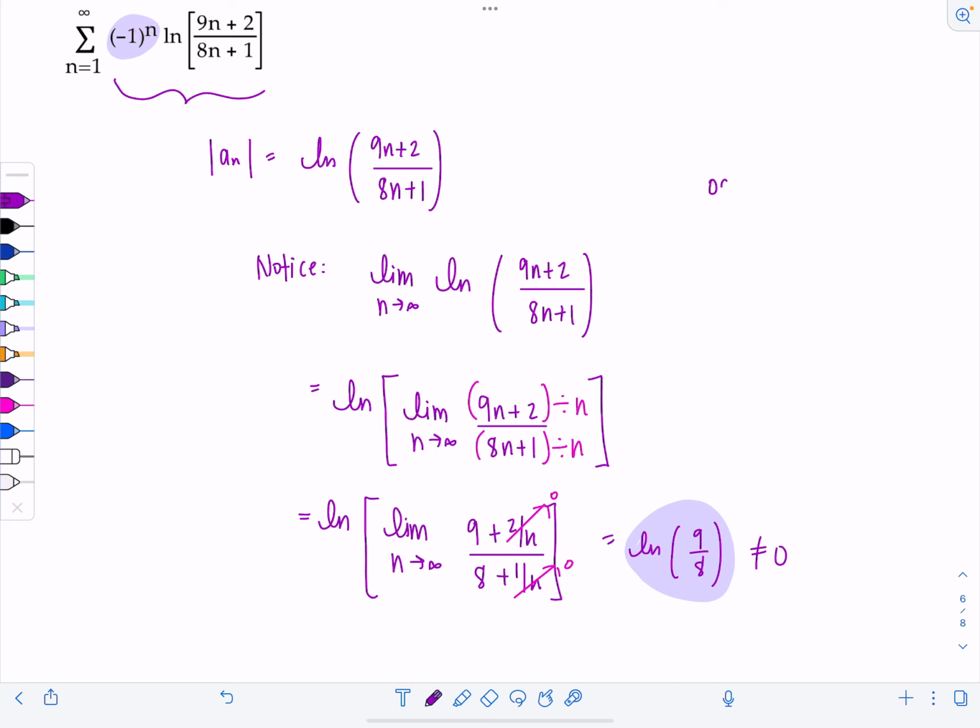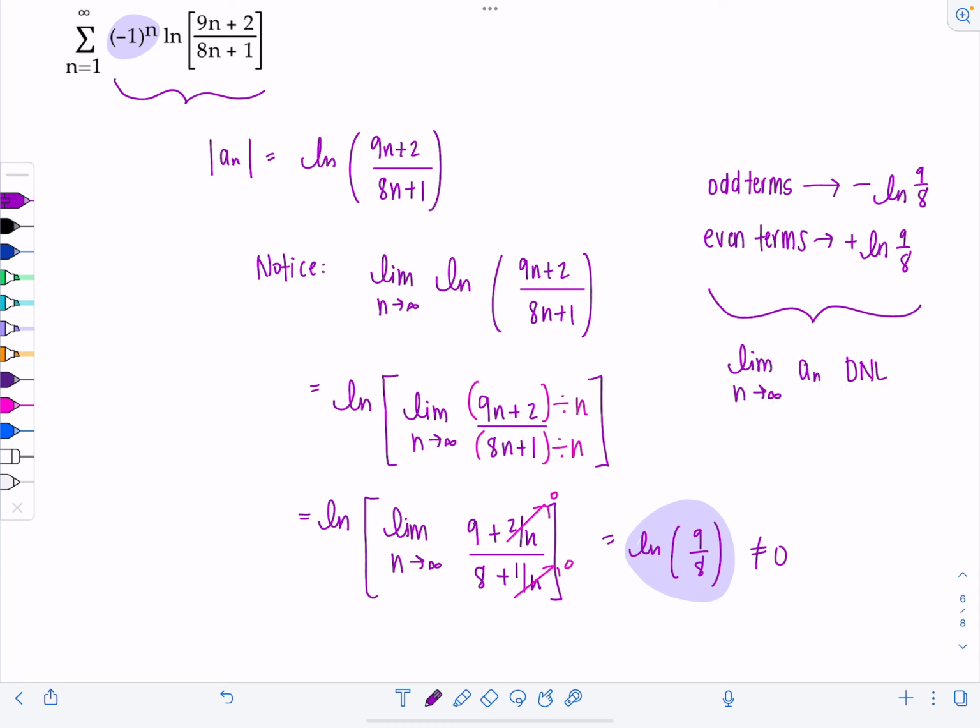So the odd terms in this series are going to approach negative ln of 9/8. And the even terms, when n is 2, 4, 6, etc., will approach positive ln of 9/8. What does that mean? That means that the limit as n goes to infinity of a_n, the original, does not exist. And obviously, therefore, it doesn't equal 0.